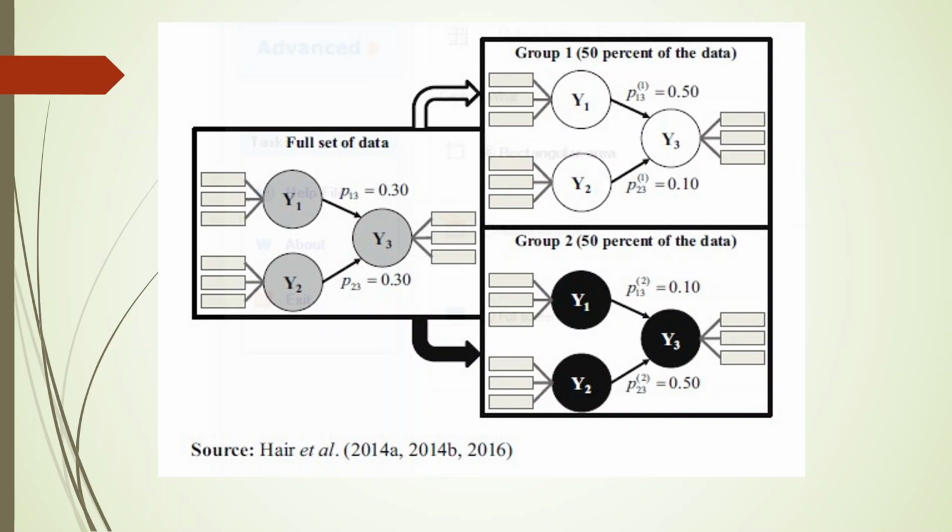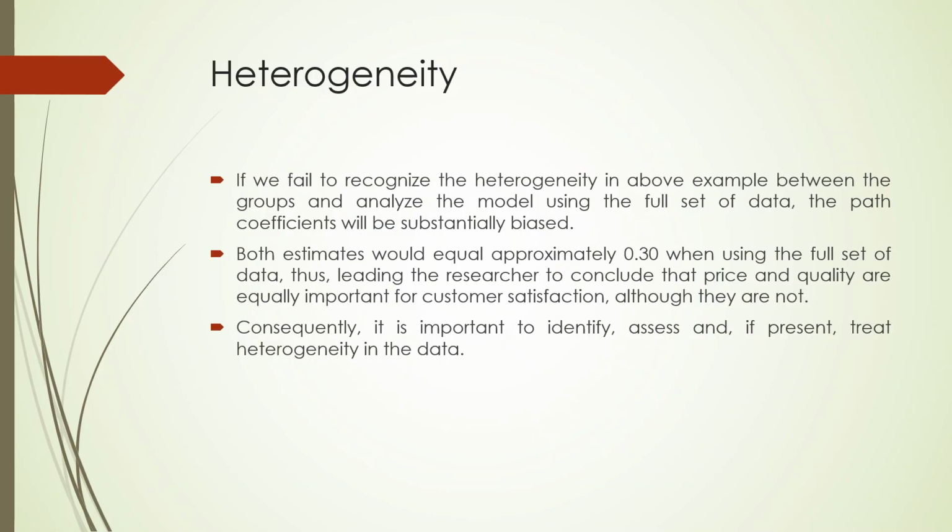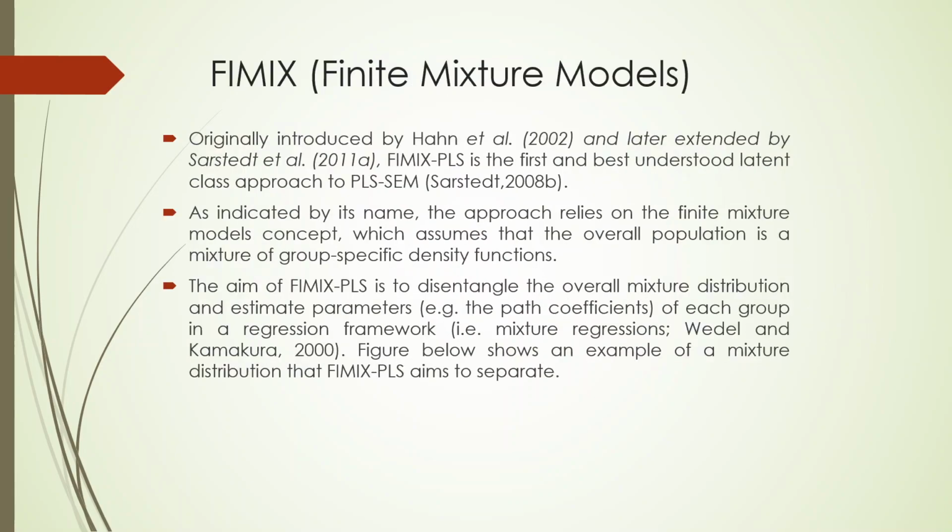Similarly, in group 2, y1 to y3 is 0.1 and y2 to y3 is 0.5. You can see the difference exists in these two groups. If we fail to recognize the heterogeneity between these groups and analyze the model, the model is substantially biased and we cannot accept the results.